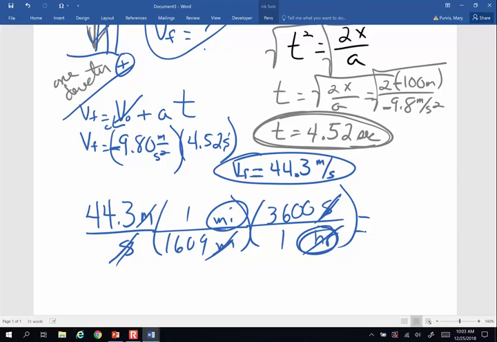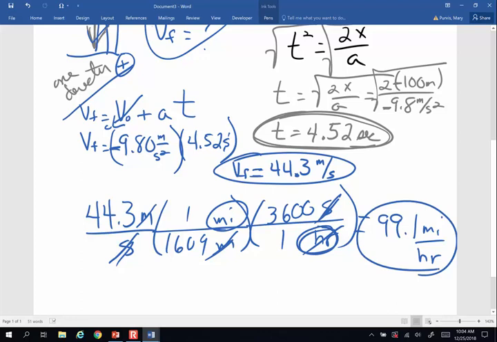I got to do that again. Sorry, you probably have this a long time ago. And then times 3,600. I'm just poking my button slow. I ended up with 99.1 miles per hour. Boy, howdy, do not fall off of a 10-story building. You're going to hit the ground going fast, very, very fast.